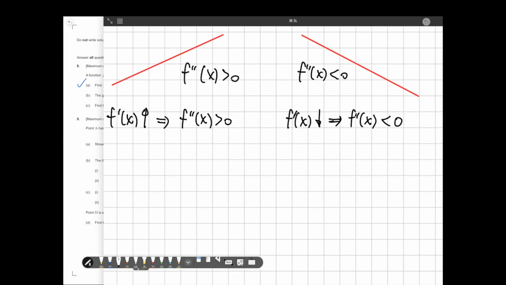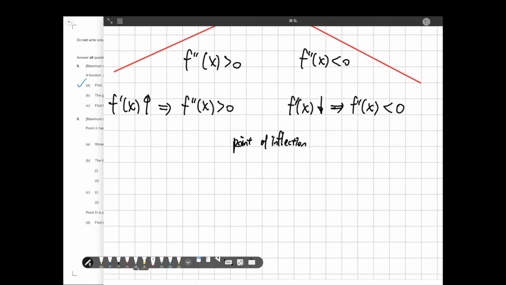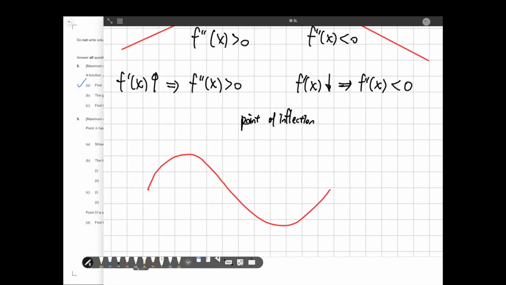But now it's asking about the point of inflection. So how can we find the point of inflection? Now we have a curve, a sinusoidal curve like that. Here the slope is 0, here the slope is negative, here the slope is 0, here the slope is positive.